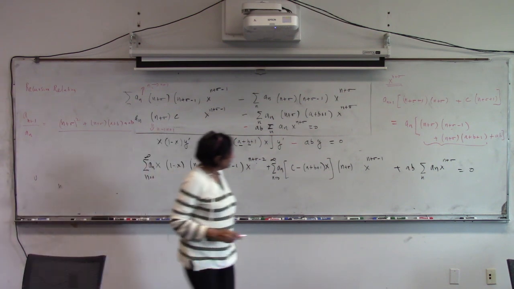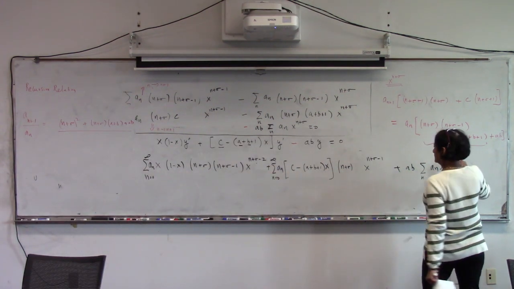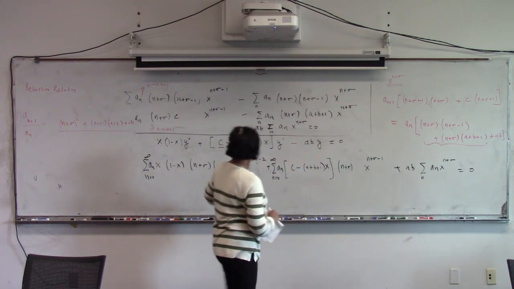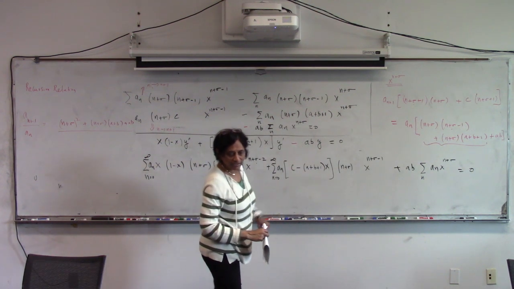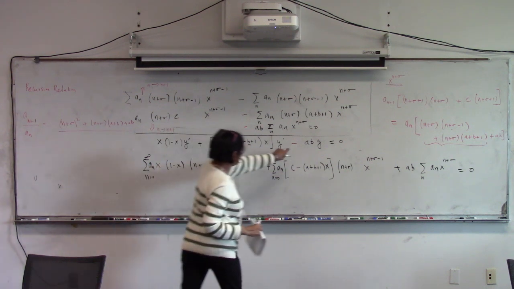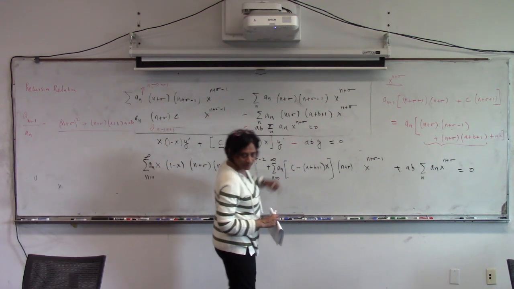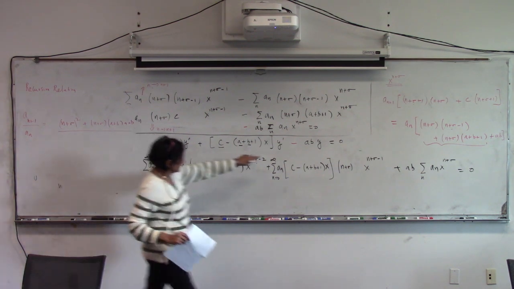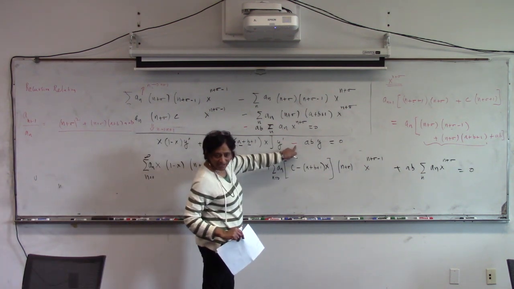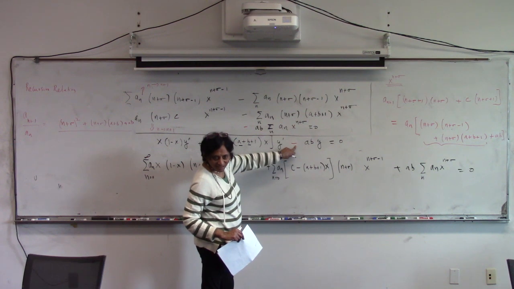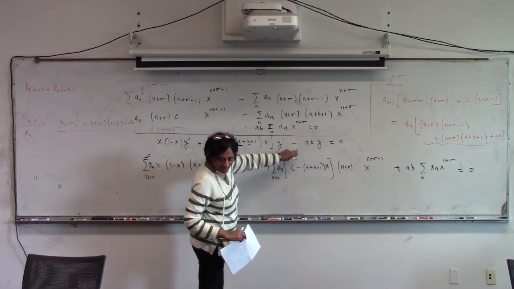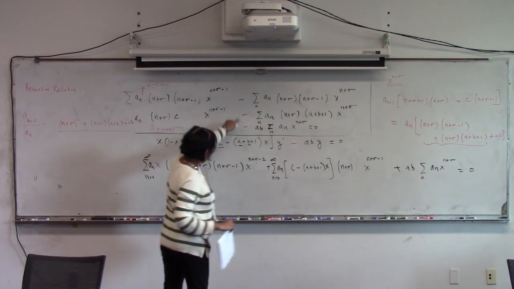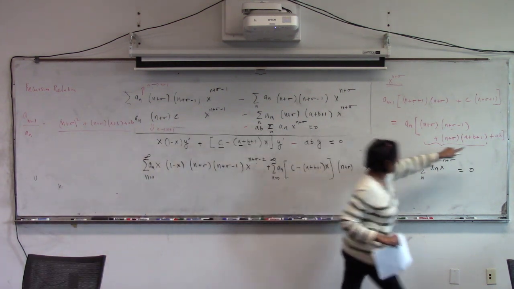Actually, we have minus ab, but we put it to the other side. All of them are negative, so it goes to the other side and becomes plus ab. The hypergeometric differential equation has a negative ab y. I corrected it. That's the definition of the hypergeometric differential equation, so everything is negative, so this becomes plus.